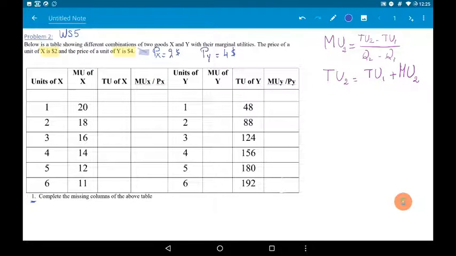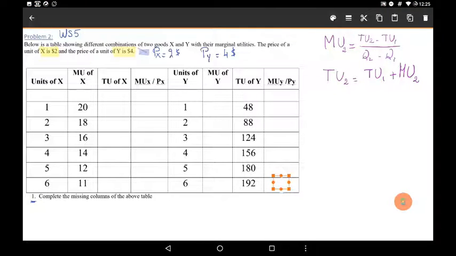Total utility of Y, we have them for quantity of Y of 1. Total utility is 48. For quantity equals 5, total utility of Y equals 180. Also, the marginal utility per dollar for Y is empty.